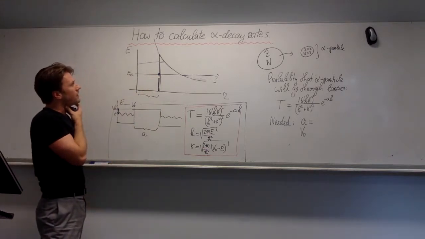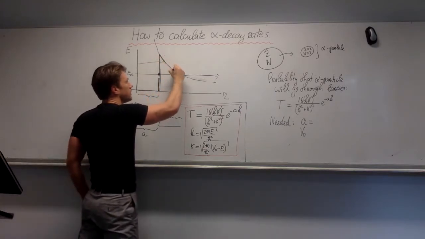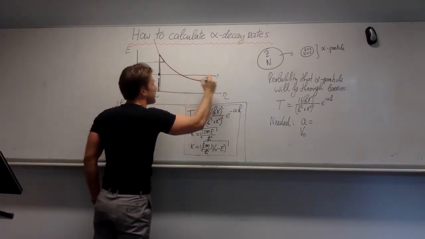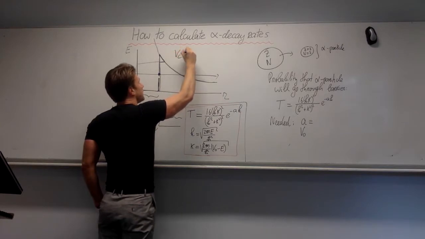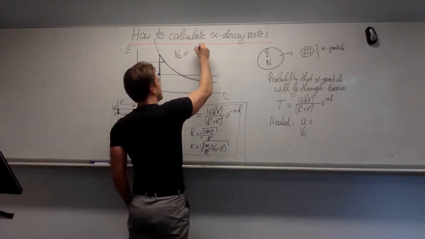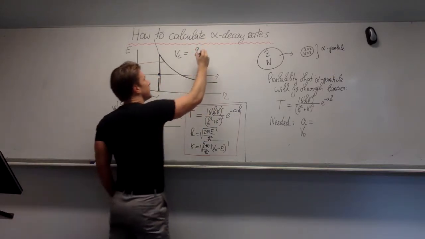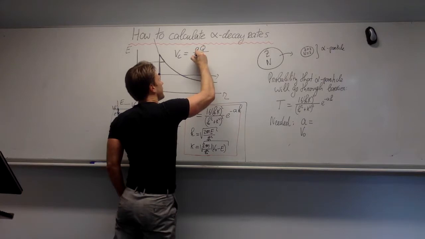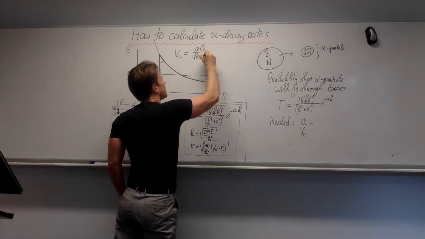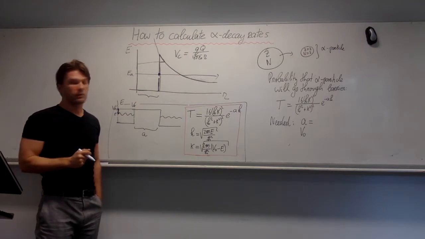Well, fortunately, it's not that difficult because this part of the potential is just given by Coulomb interaction. And for Coulomb's interaction, the graph is given by the following formula. It is the charge of one particle times the charge of the other particle divided by this number and divided by their mutual distance.